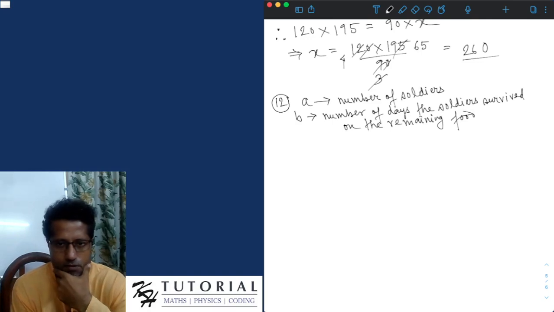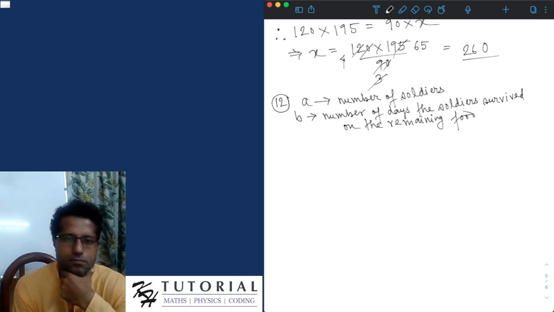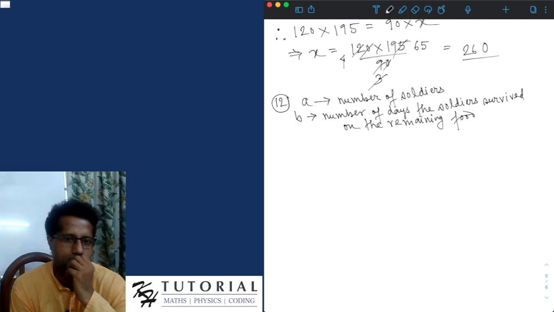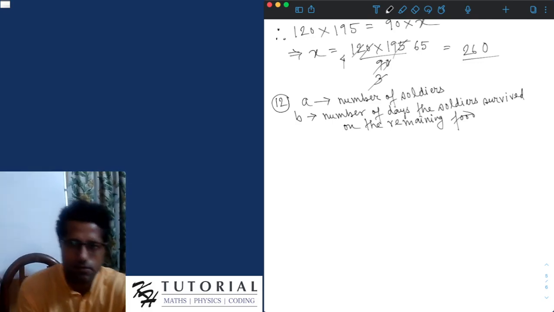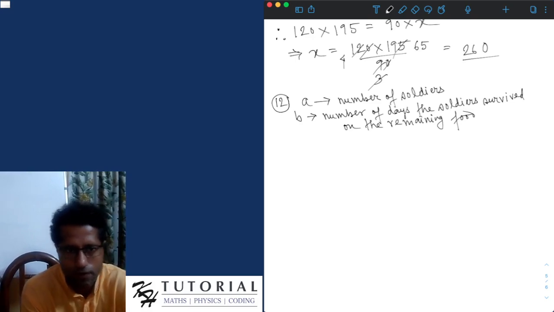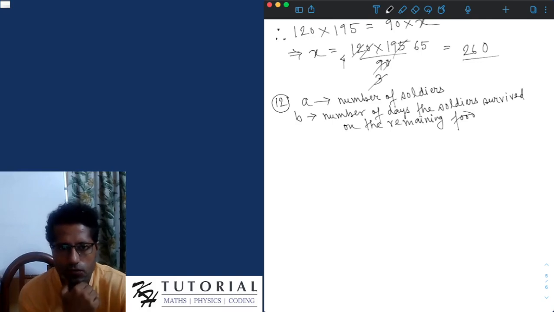So after 4 days, some soldiers were transferred to another fort, and thus the total food lasted for an extra 32 days. Okay, extra 32 days. 1200 soldiers in a fort had enough food for 28 days. So that food will last for 28 days if the number of soldiers is 1200.